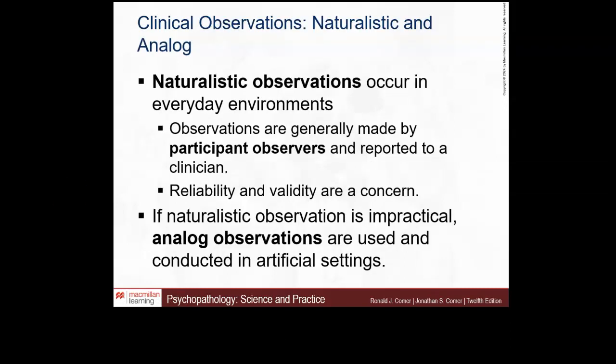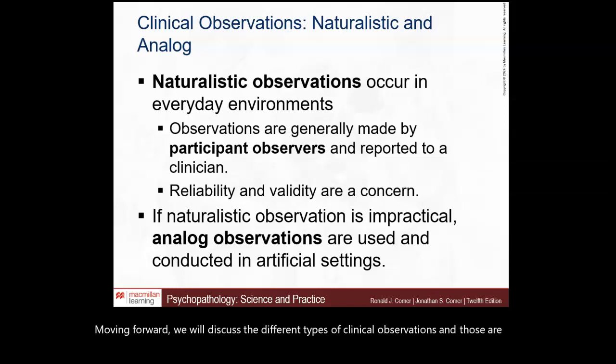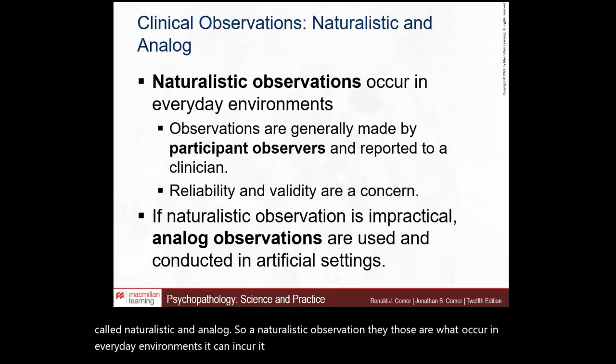Moving forward, we will discuss the different types of clinical observations, and those are called naturalistic and analog. A naturalistic observation is one that occurs in everyday environments. It can occur in homes, schools, institutions like hospitals and prisons, for example, as well as community settings.